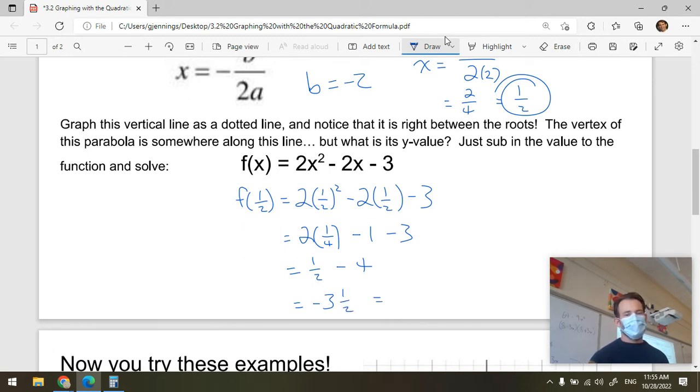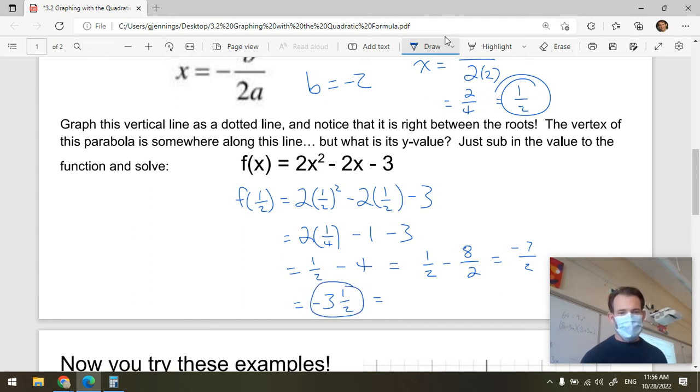Or, if you prefer, we could have gone over here and said 1 over 2 minus 8 over 2. 8 over 2 is 4 written another way. And then we would see that that's equal to negative 7 over 2, which is the same thing as negative 3/2. My mind thinks negative 3 halves because I go minus 4 and then up a half, so it's negative 3 halves.